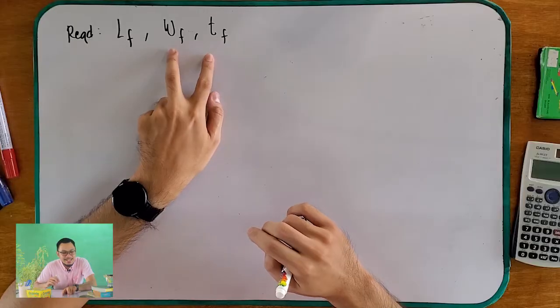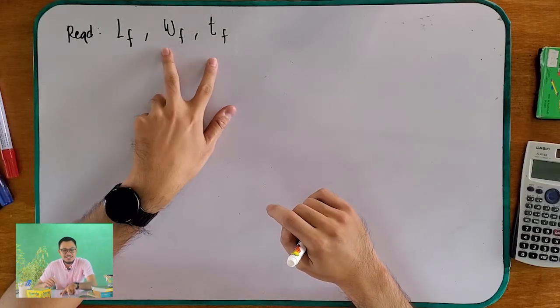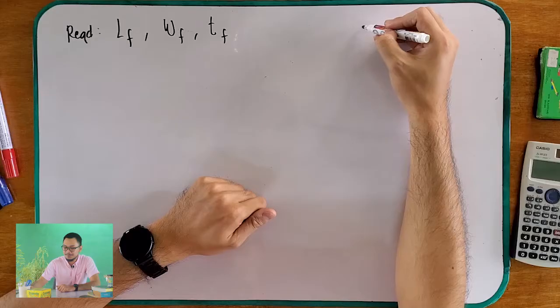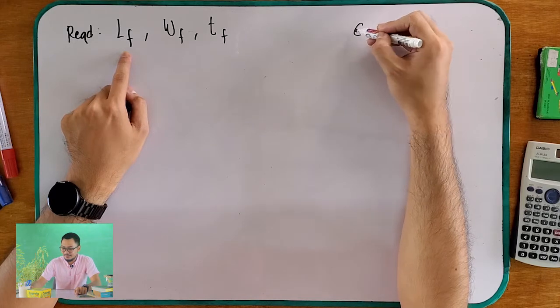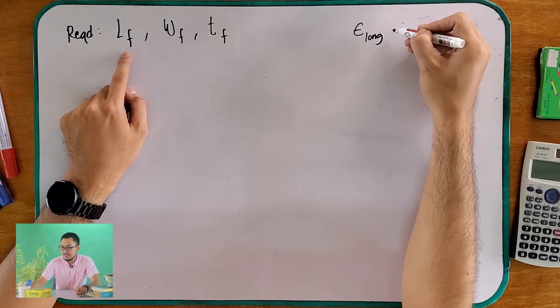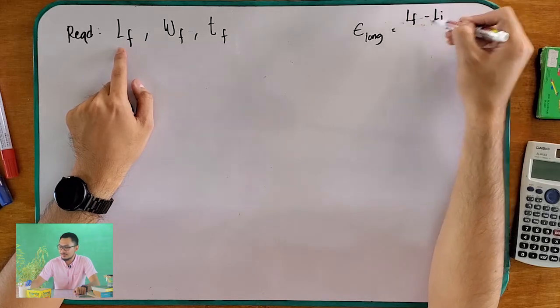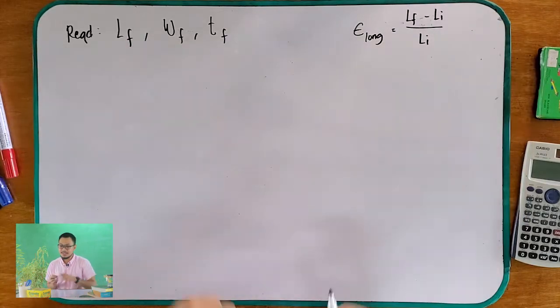What should we do first? In order to determine the change in length, the change in width, and the change in thickness, where can we find these values, these variables? We have the equation for longitudinal strain, which is equal to LF minus LI over LI.